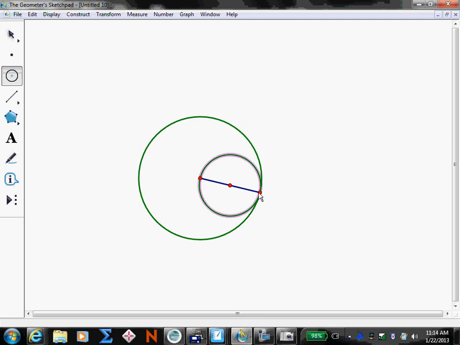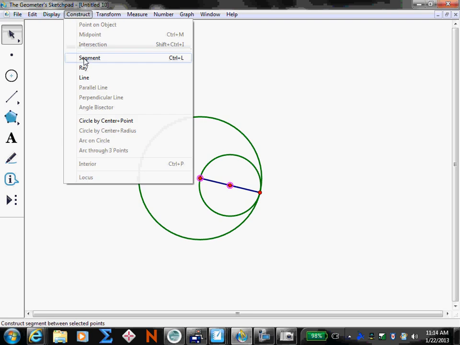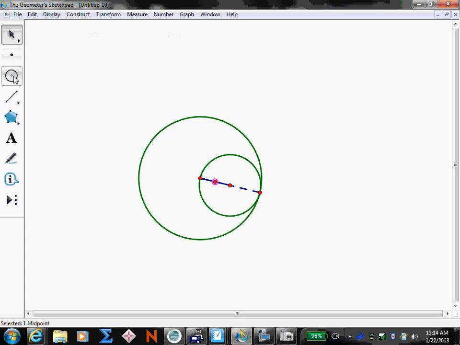And I can keep making internally tangent circles. So I could find the midpoint of this segment, and then do it again. So those are another pair of internally tangent circles. They only touch at the one interior point.